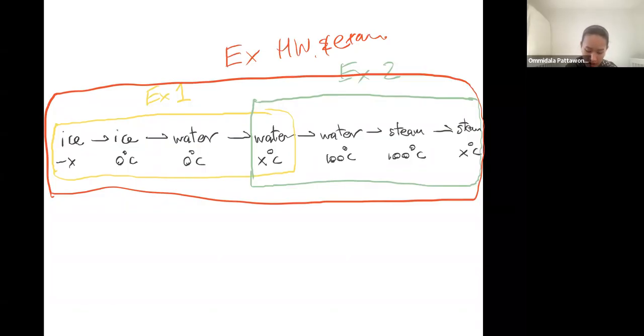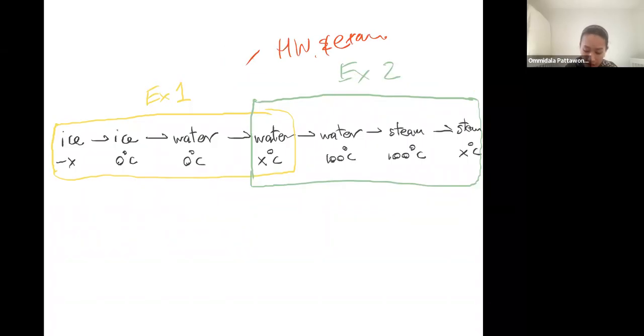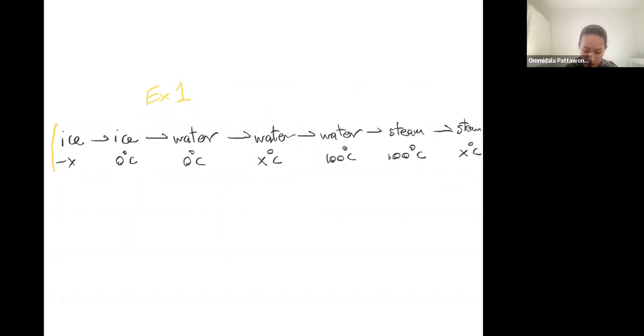Or you might also see the reverse process as well. In this case, we are looking at only the endothermic process. On the exam or even the homework, it might ask you the opposite. So for example, it might ask you, what is the heat involved with going from steam at a certain degree to water at a certain degree?